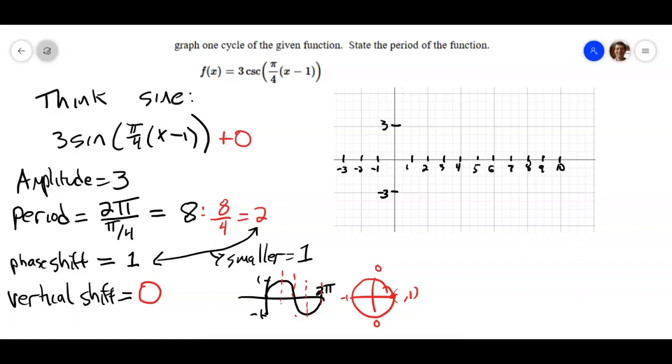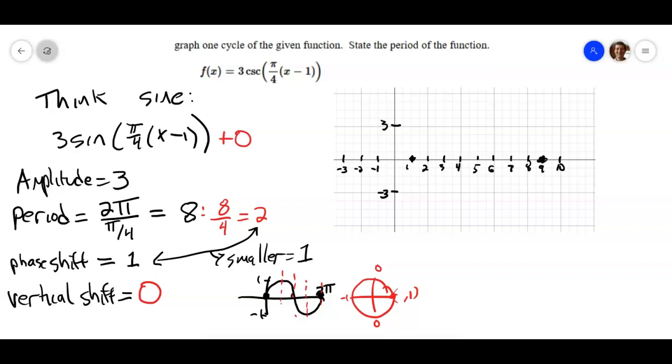Okay, we're basically set to discuss where the sine wave would normally go through. So the sine wave normally starts at the origin and repeats itself after a period. Our sine wave is starting right 1 from the phase shift, up 0 from the vertical shift. So this is where our sine wave is starting. The period is 8. So 8 to the right of this, it would be back to that same point.